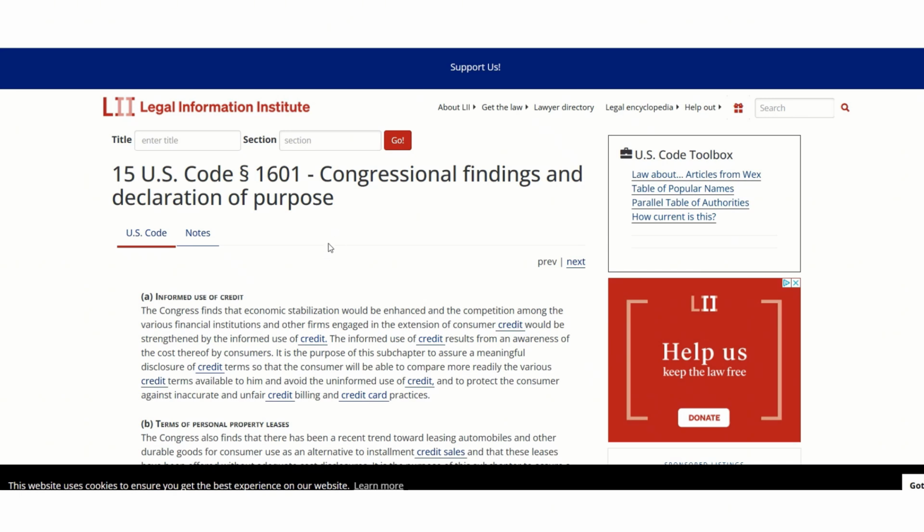So this is about consumer law. I'm not going to teach you any processes on how to form your argument. I'm just going to show you violations that may be happening within your consumer credit contracts dealing with personal loans or auto loans.